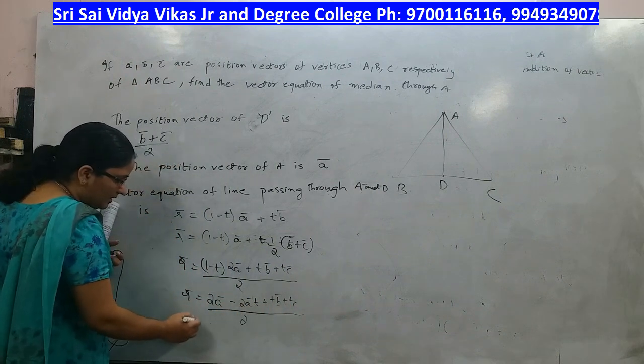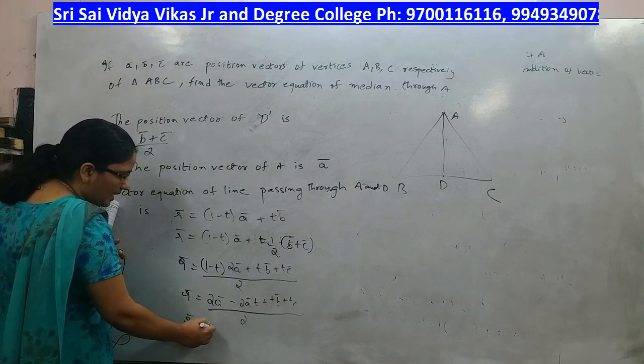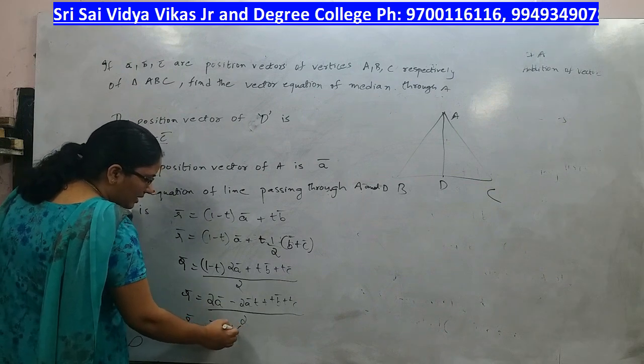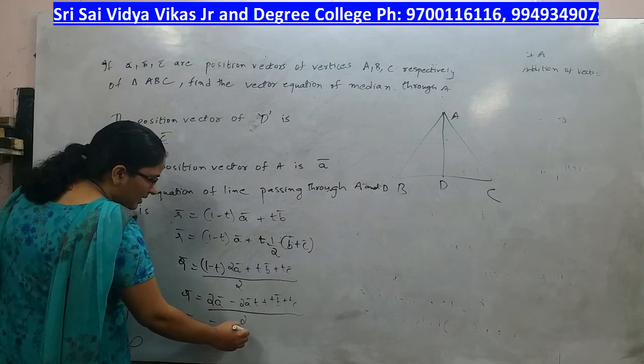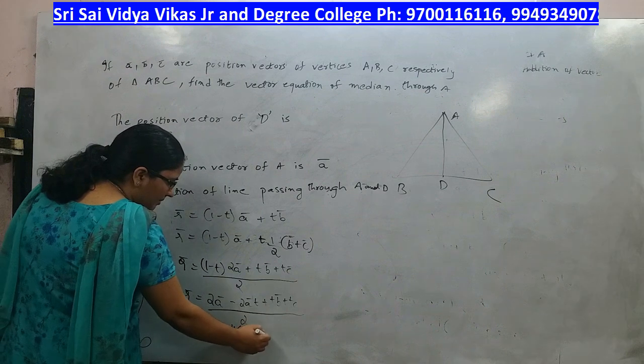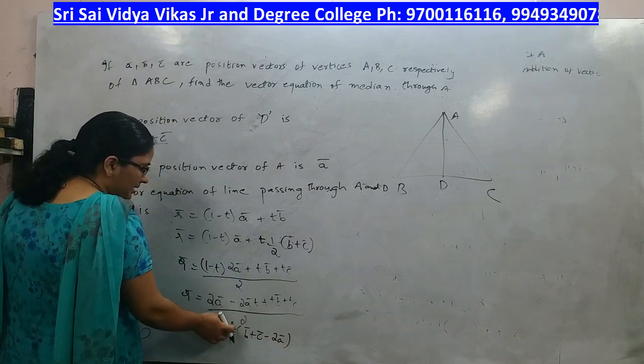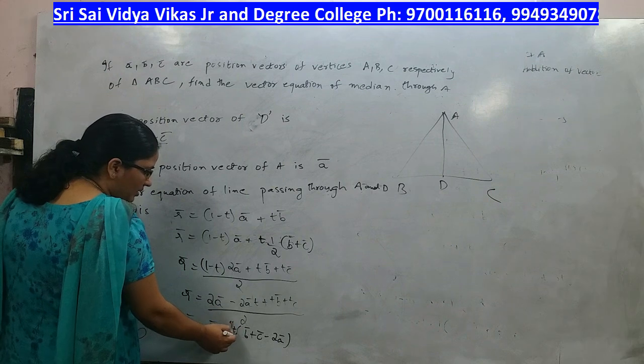Dividing by 2, you get A bar plus T by 2 into (B plus C minus 2A).